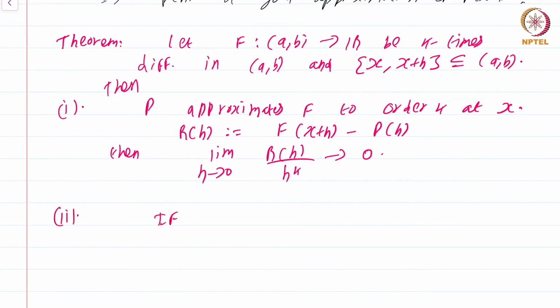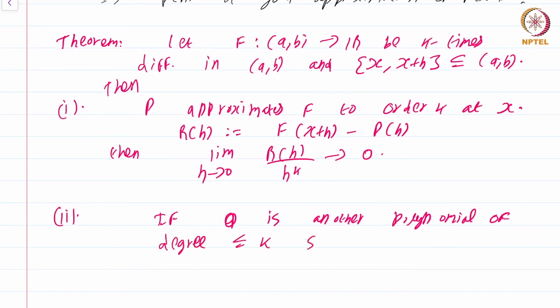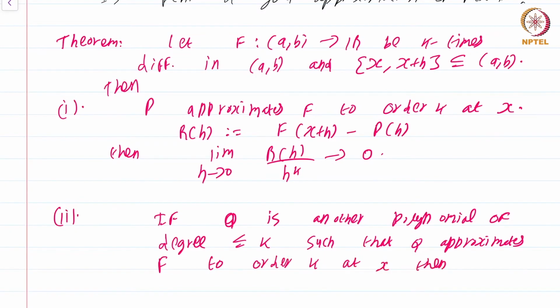if q is another polynomial of degree less than or equal to k, such that q approximates f to order k at x, then q is equal to p.